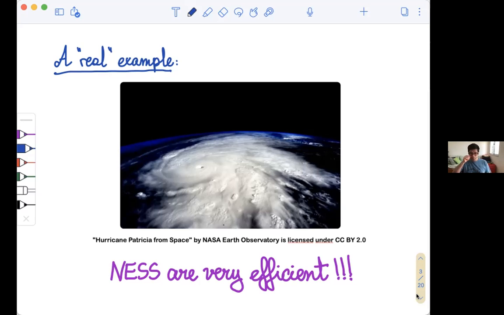What a hurricane does is that it transfers energy, or heat, let's say, from the sea to the atmosphere. Okay, so the stratosphere is cold, the sea is hot, and these two objects serve as reservoirs for the hurricane.